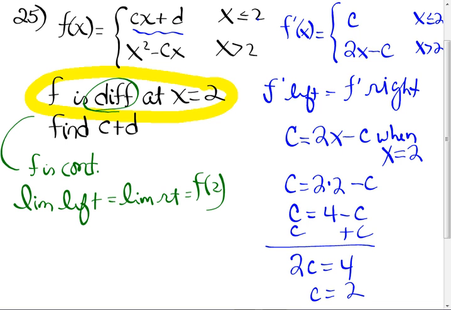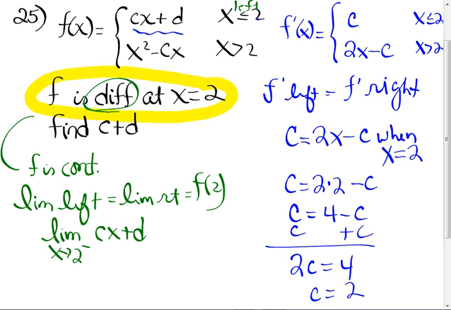Okay, so what is the limit of this from the left, as x approaches 2 from the left? Which formula am I going to use? I want to come in from the left. That's this one: cx plus d.